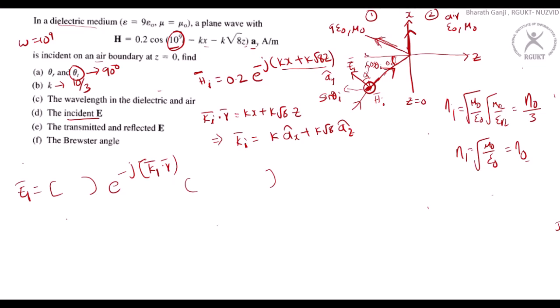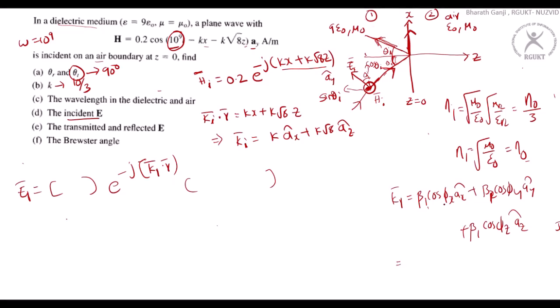So what is the value of the kr vector? The kr vector is nothing but beta 1 times cos phi x into ax cap, plus beta 2 times cos phi y into ay cap, plus beta 1 times cos phi z into az cap. Because this is also theta I, the reflected wave is making an angle of 90 minus theta I with the x-axis.